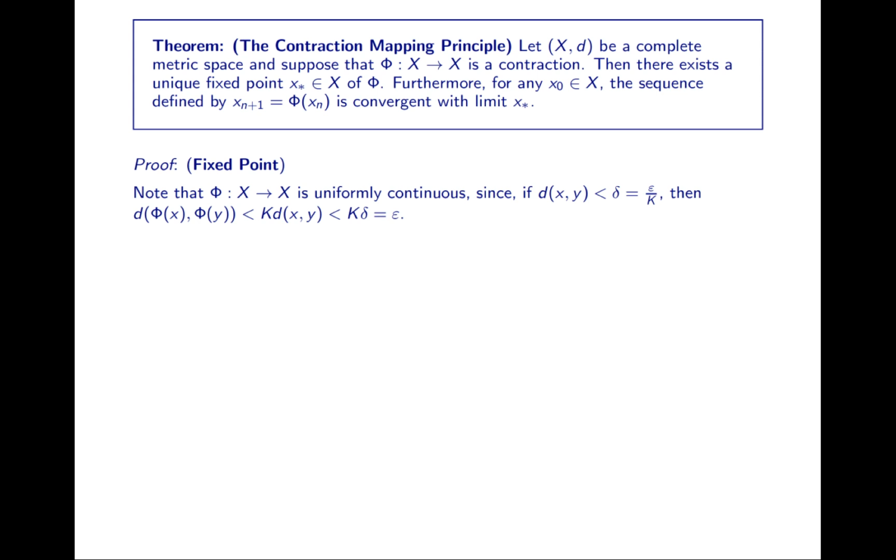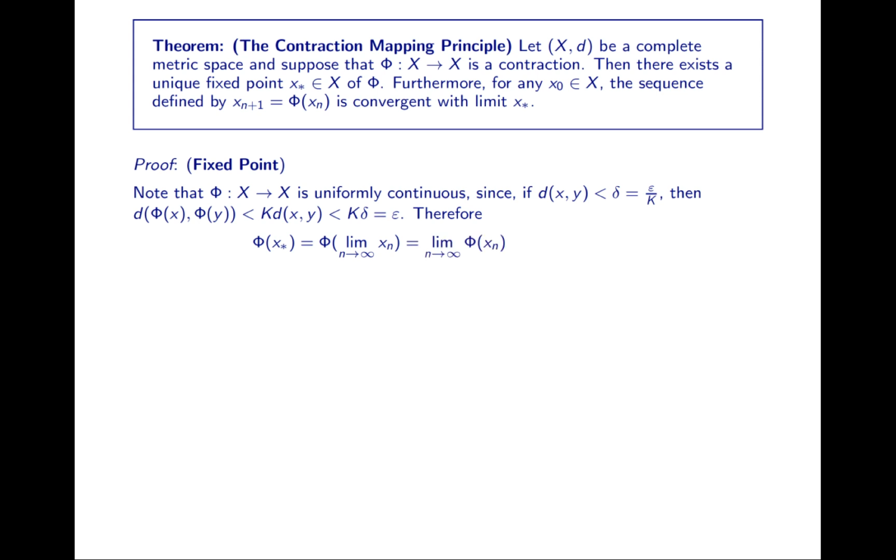Because my choice of delta depends only on epsilon and not on where I'm applying phi, not on x and y, that implies that phi is uniformly continuous. So it's not just continuous, it's uniformly continuous.